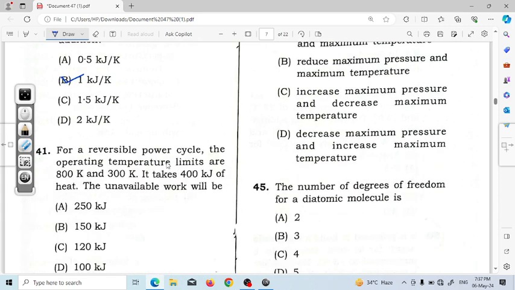Next, question number 41. For a reversible power cycle, the operating temperature limits are 800 and 300 Kelvin. It takes 400 kilojoule of heat, and we have to find the unavailable work.